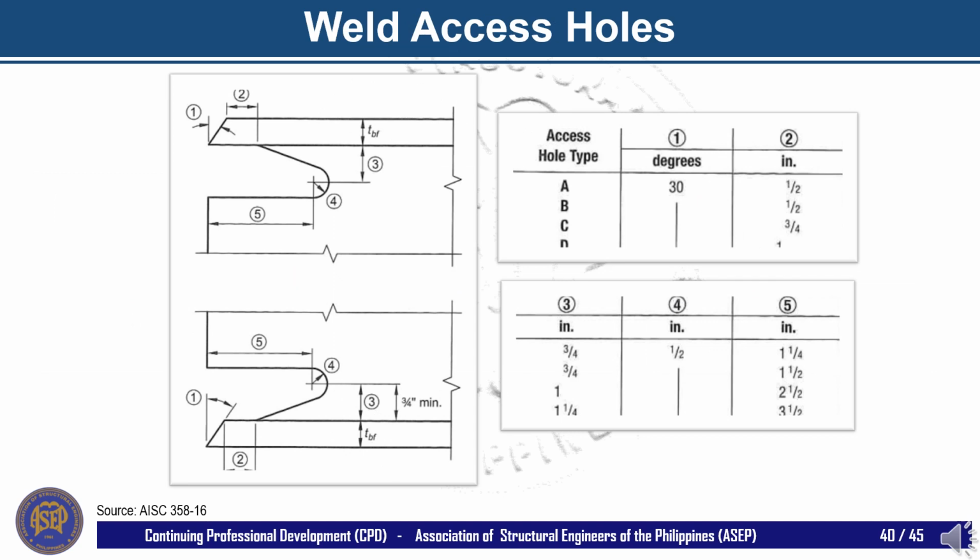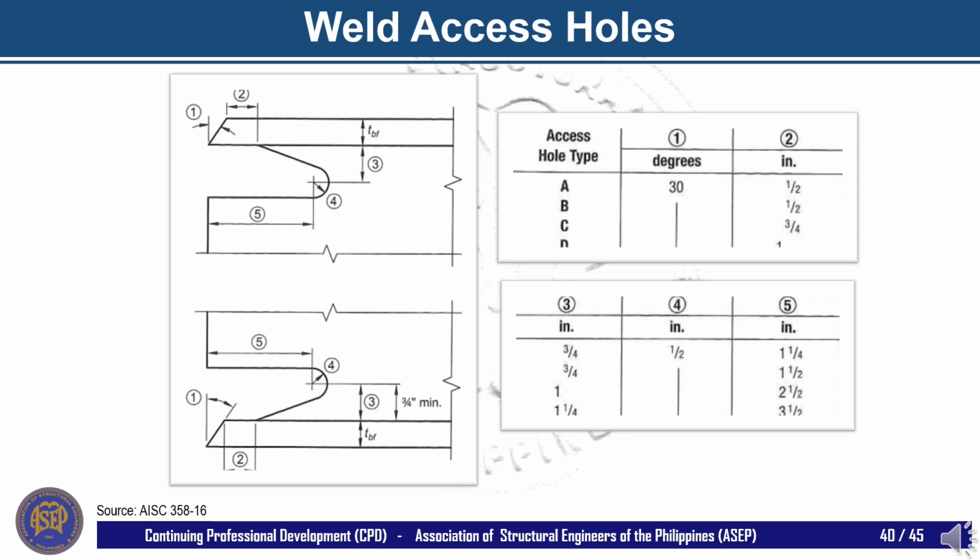The second seismic requirement for CJP welded SMF connections is the weld access hole, or commonly called the rat hole. For special moment frames in high seismic applications, the distribution of stresses through the end of beam into the connection is affected by the size and the nature of the weld access hole.